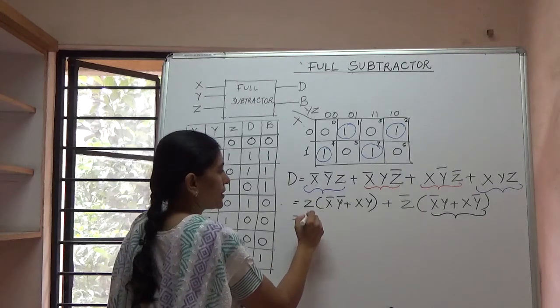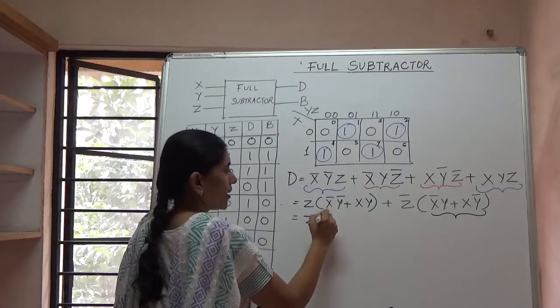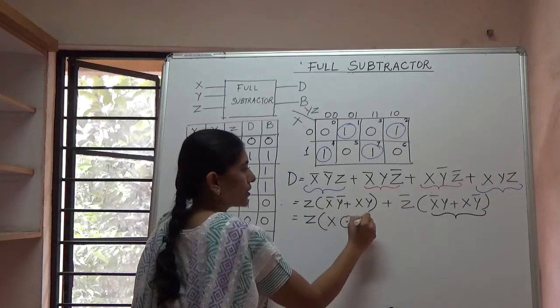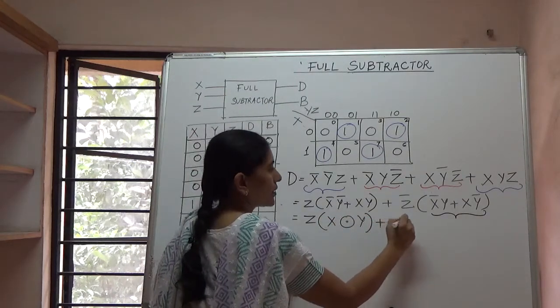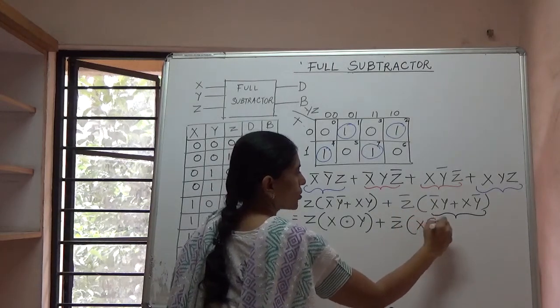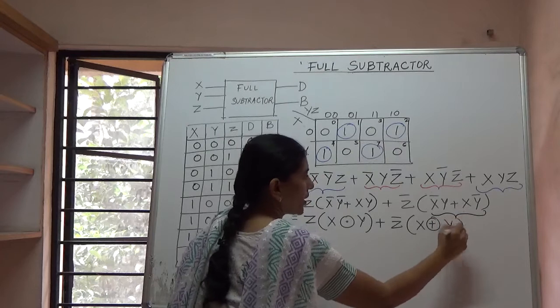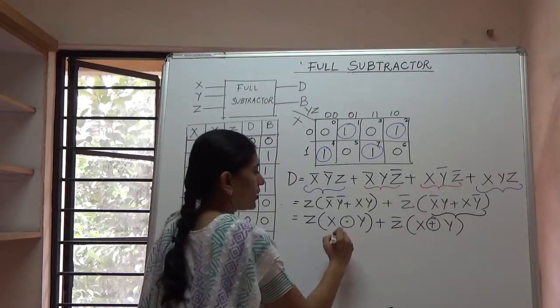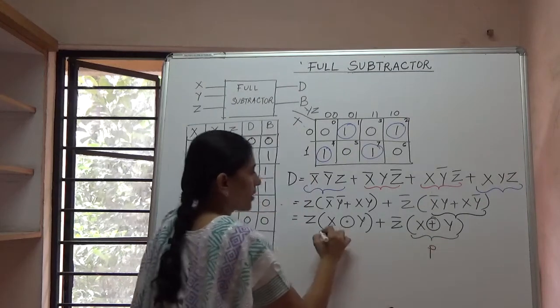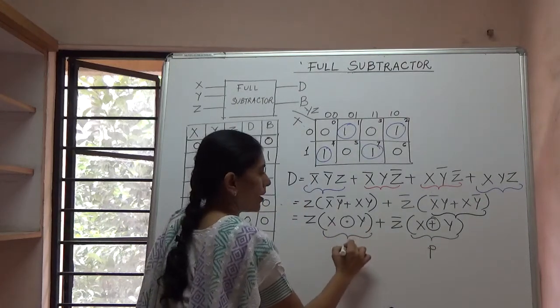So we can write this as z into XNOR of x and y plus z bar into XOR of x and y. If we call this p, then the other is p bar.